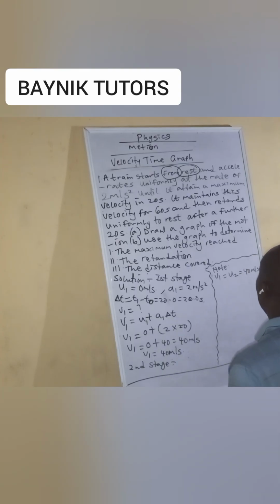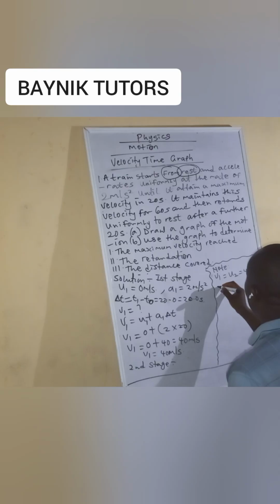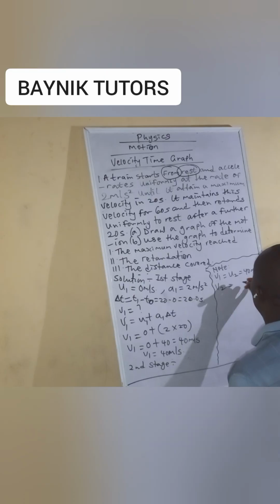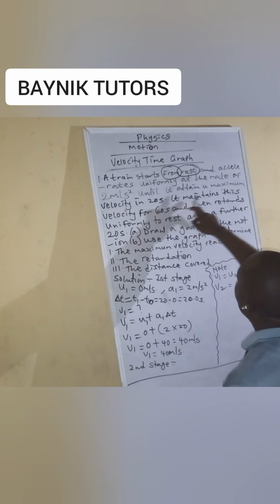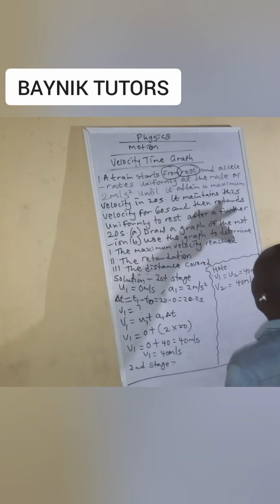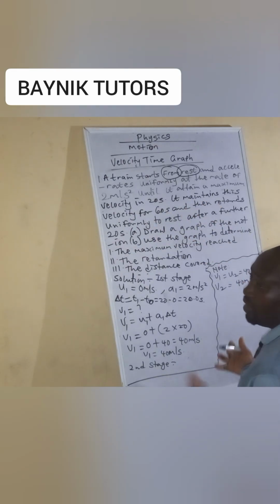So our v1 is the initial velocity. So we have to look for v2. Since it maintained that speed, v2 will also be 40 meters per second. They said it maintained this velocity for 60 seconds. So since there's a maintenance of velocity, it will be 40 meters per second.